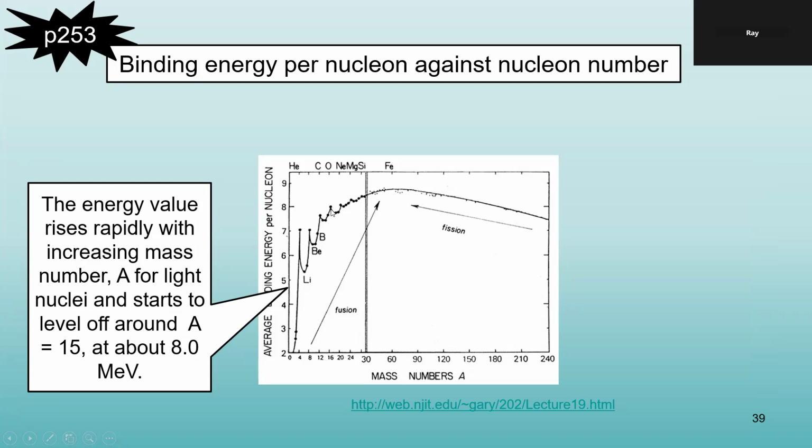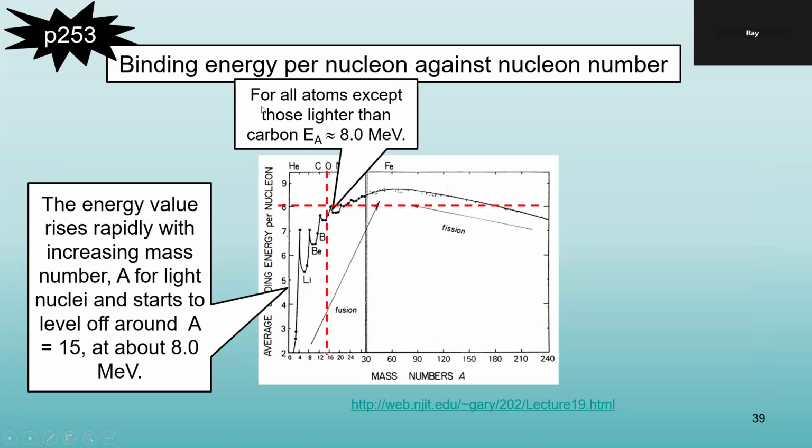About this part, it starts to level off to about 8 mega electron volts for all atoms except those lighter than carbon. Carbon is here. It's less than 8.0 mega electron volts for those that are lighter than carbon.